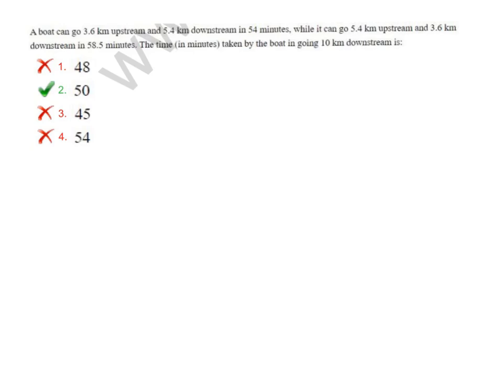Now a boat can go 3.6 kilometers upstream and 5.4 kilometers downstream in 54 minutes, while it can go 5.4 kilometers upstream and 3.6 kilometers downstream in 58 1/2, which is 117/2 minutes.